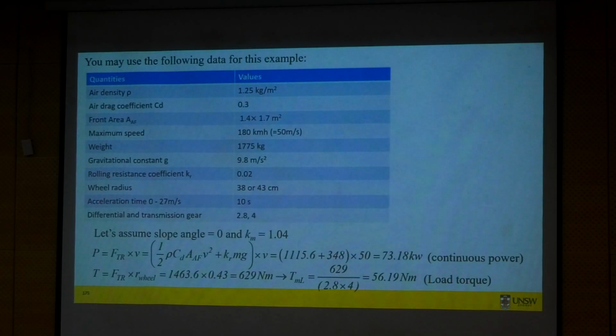This set of parameters has the typical air density, air drag coefficient, front area, maximum speed, weight of the car, gravitational constant, rolling coefficient, wheel radius, acceleration time, and differential gear ratio.